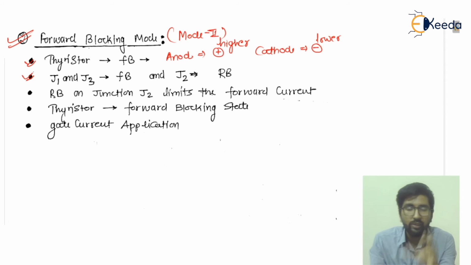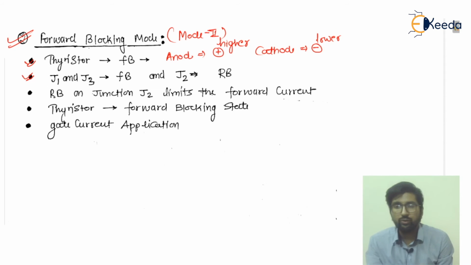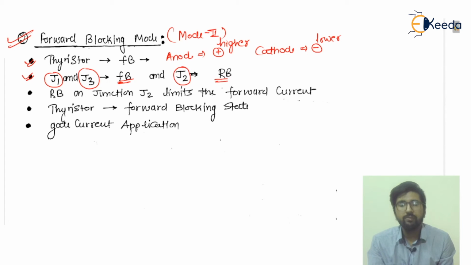As I have already told you, it is a 3 terminal device with 4 layers and 3 junctions. Out of these 3 junctions, J1 and J3 will be forward biased, and J2 will be reverse biased.